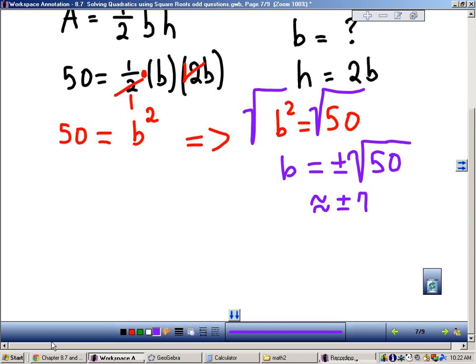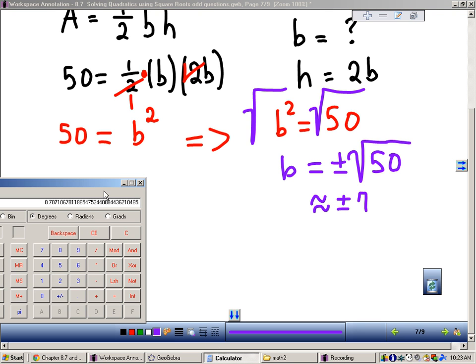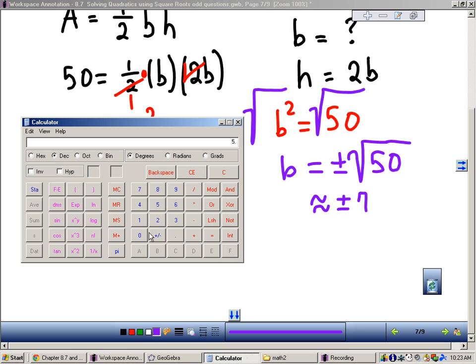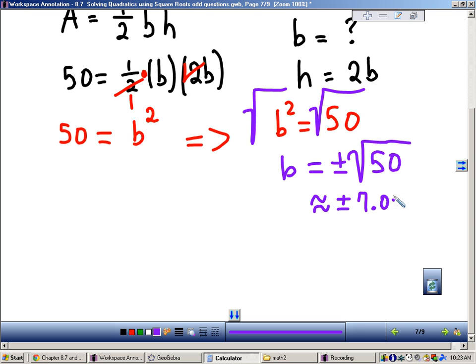And if I use a calculator, 50 raised to the 0.5 power is 7.07. Alrighty, so our base is about positive 7.07.